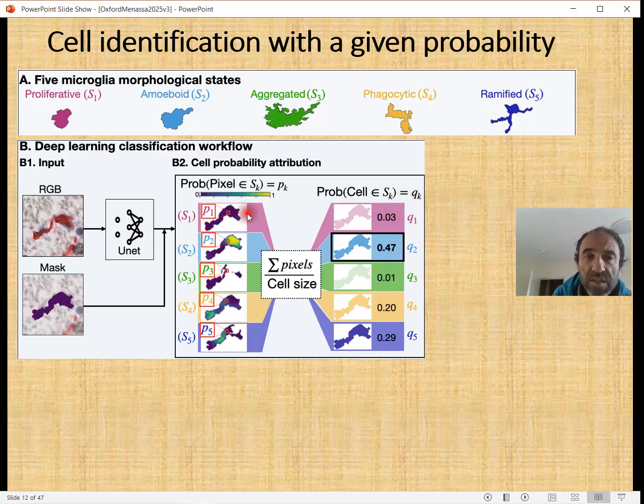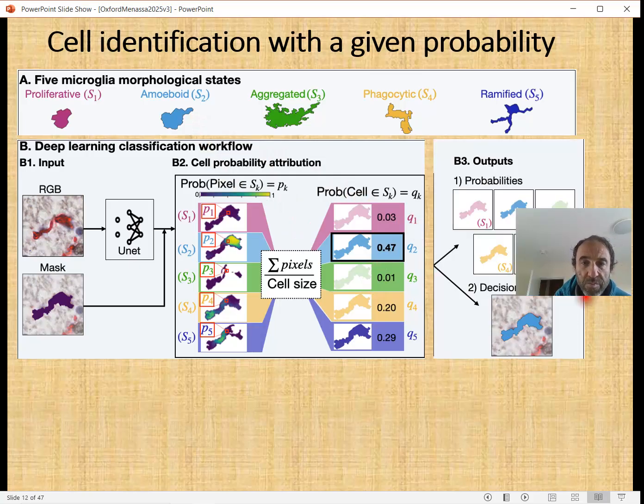For example, here it's 0.03 to belong, let's say, to the proliferative, 0.47 to belong to amoeboid, and so on. And so finally, you can take the maximum of the probability to assess the final classification. So here we choose this 0.47 and make the classification as amoeboid.